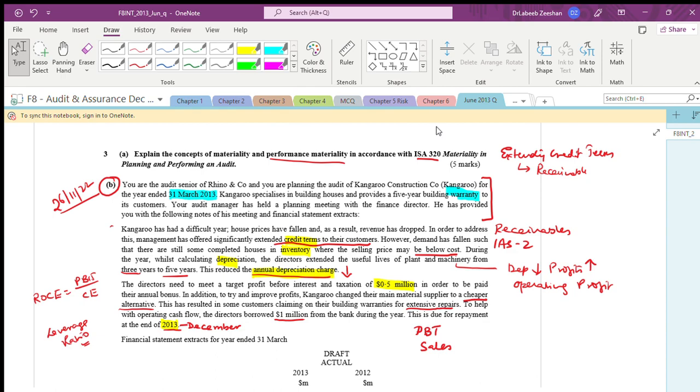Next, what is another one? It is also an audit risk. They have changed the useful life in years from 3 to 5. The audit risk is that it is going to have an impact on the profits and on the efficiency.